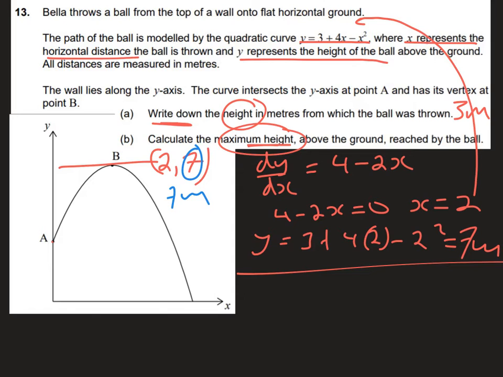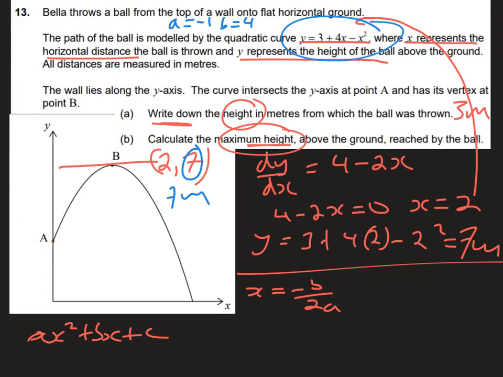Indeed, the other way you could do it is using the formula for the line of symmetry. So x equals minus b over 2a. Remember, when we have a quadratic, we have ax squared plus bx plus c. So looking at our equation here, we can see that the coefficient of x squared is a, which is minus 1, the coefficient b is 4, and c is just 3.